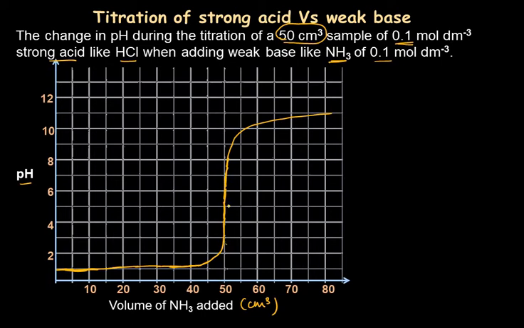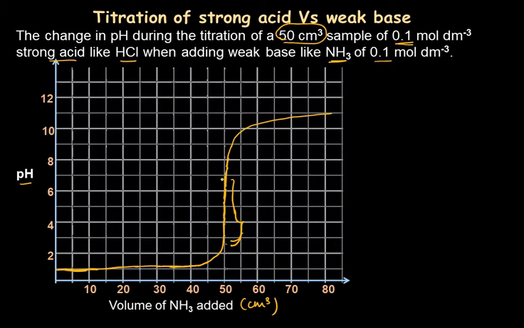Now here you can see that the vertical portion of this curve has a pH range of about 6.5 or 7 to 2, or you can say 3 here.